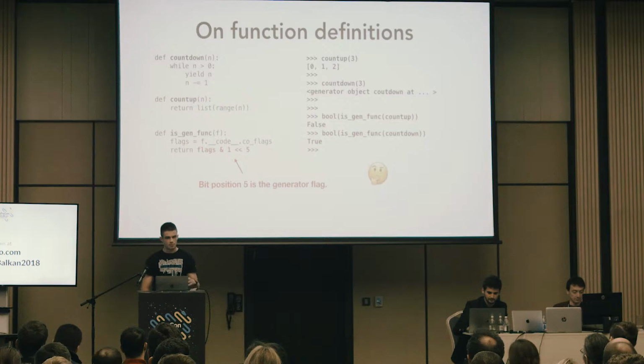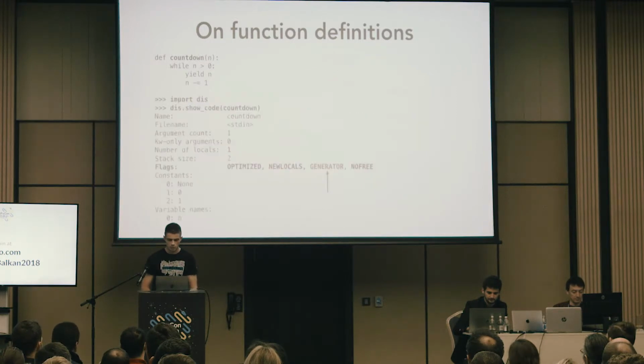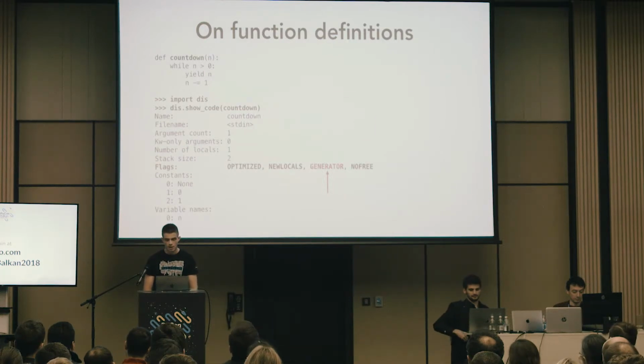So as a beginner into Python, of course, what you do is run disassembly on it. And that's the generator right there. That's the flag I'm looking for. That's the flag that gets set by the compiler if the parser finds a yield statement somewhere, okay? So that's how the function knows it's supposed to return the generator.